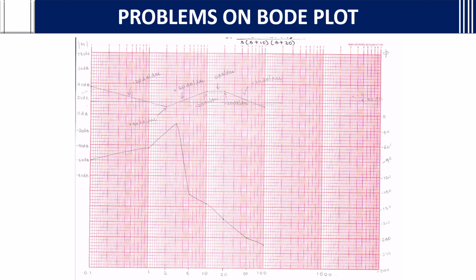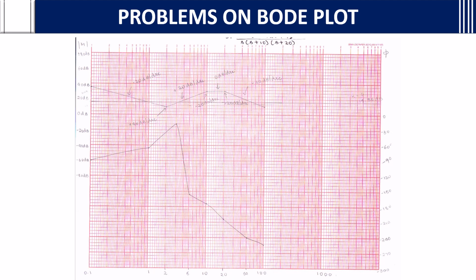After that you will get the graph in this way. If you draw on the semi-log graph, this is one graph and this is one more graph. Here again you can find the phase margin and the gain margin. I didn't find them here, but if you want, you can.